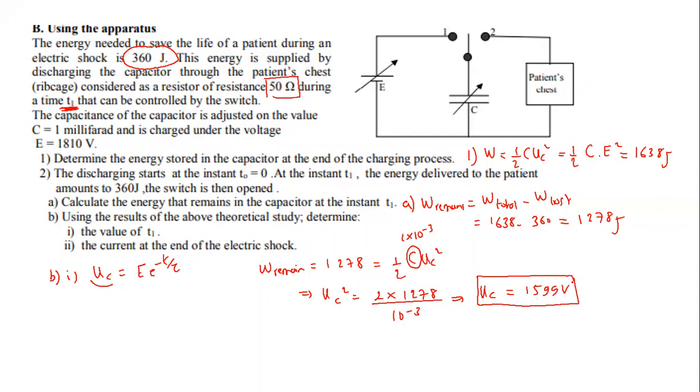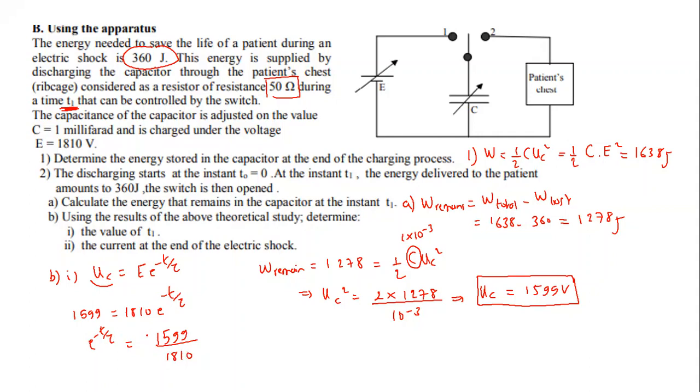Now that we have UC, we can find the time. By substitution, 1599 is equal to E, which is 1810, times e to the power minus t over tau. We also have tau. So we divide, and e to the power minus t over tau is equal to 1599 over 1810.